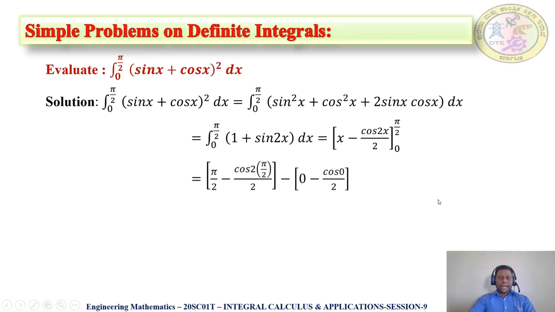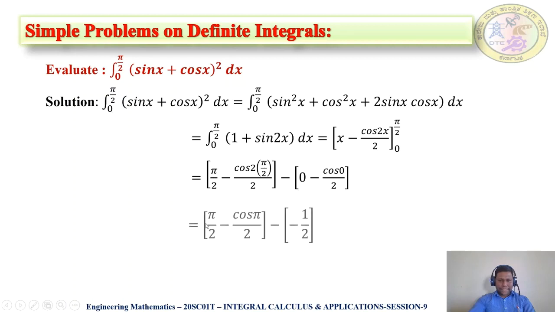Now apply the upper limit and the lower limit for these things. We get pi by 2 minus cos of 2 into, in the place of x, pi by 2, whole divided by 2, minus, here x is 0, we get 0 minus cos of 0 whole divided by 2.